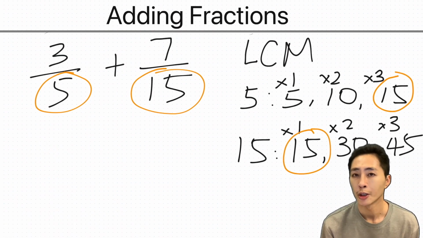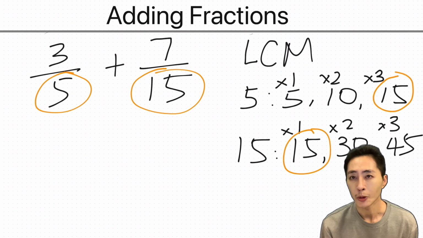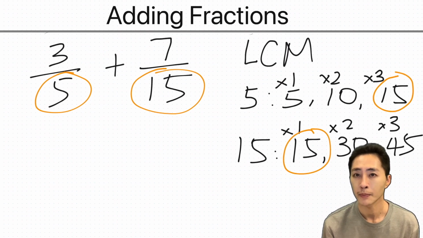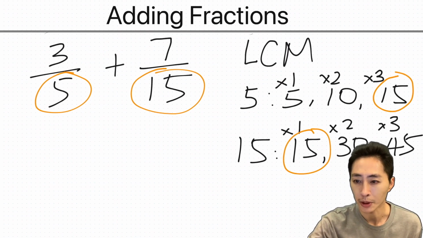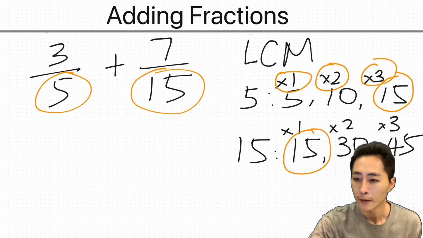Good question. Well, least common multiples always start from the number itself, and you multiply it in sequence by 1, 2, 3, and so on until you reach the lowest number that both numbers can multiply to. So in this example, you see that we start out by multiplying 5 by 1, and then 2, and then 3, so we ended up on 15.